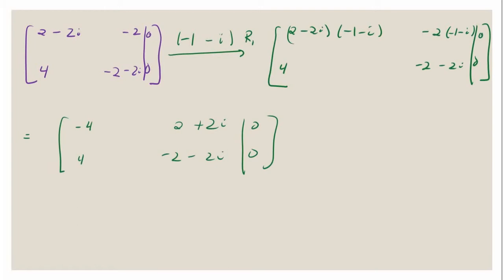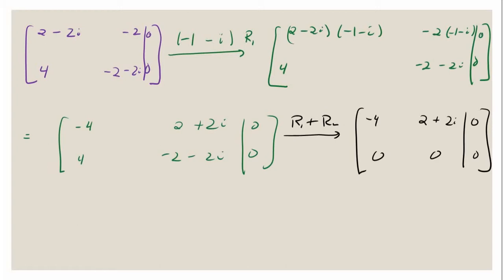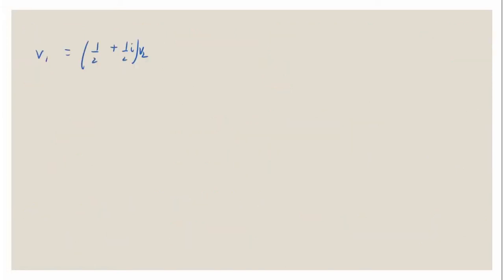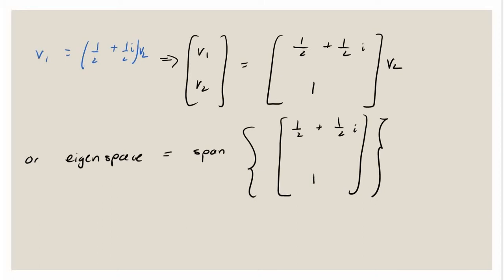Here we are at minus 4, 2 plus 2i on the first row, which turns out to be the negative of what's right below it. So now I can add row 1 to row 2. I get the row of zeros below. And as before, it's just a little bit more messy. I go through the process of solving one component in terms of the other, and then setting that equal to a parameter in parametric form, and then I get the eigenspace.